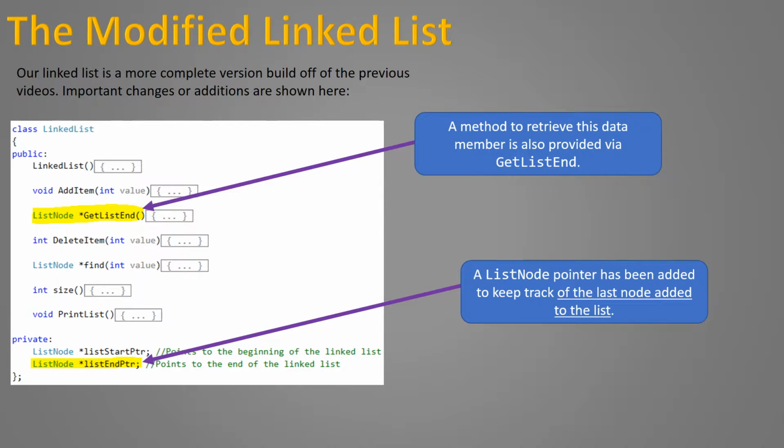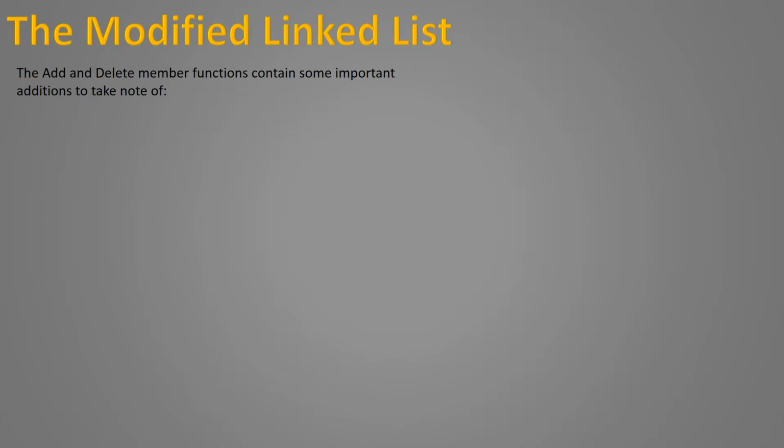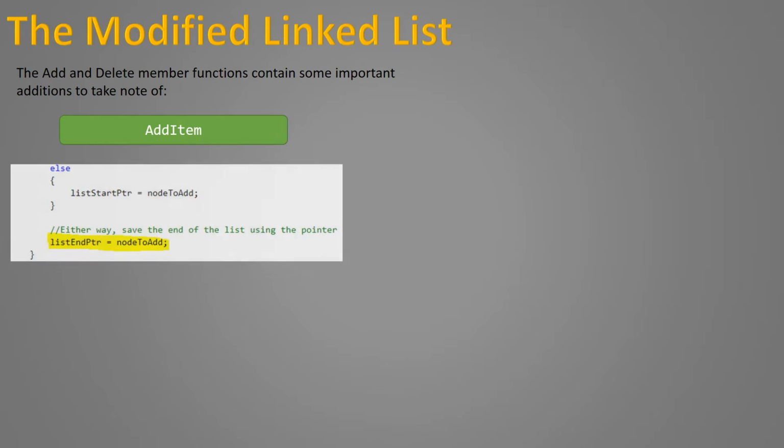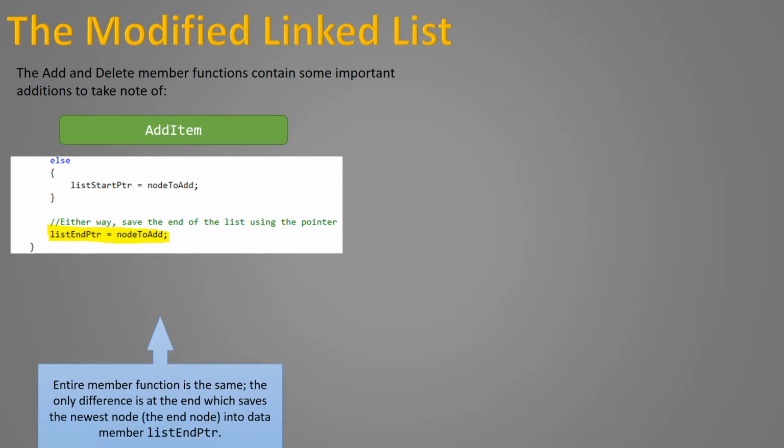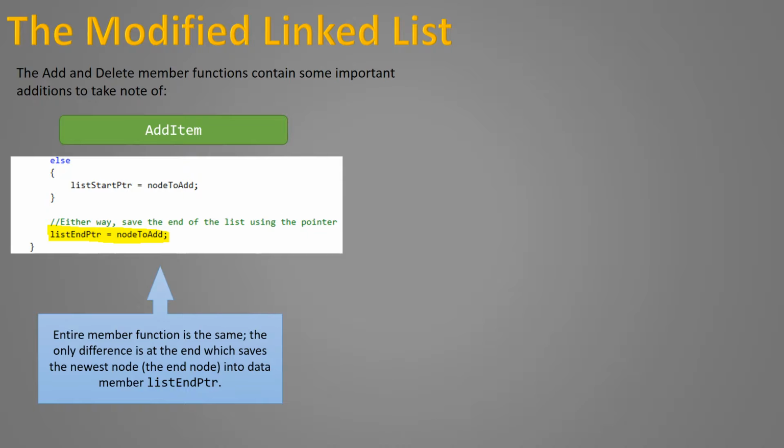The second change is a method to retrieve this data member, and it's called getListEnd. Two more modifications to the linked list class are in the addItem method, which is pretty much the same, except the only difference is at the end of the member function, where we save the newest node we added to the list into the data member listEnd pointer.